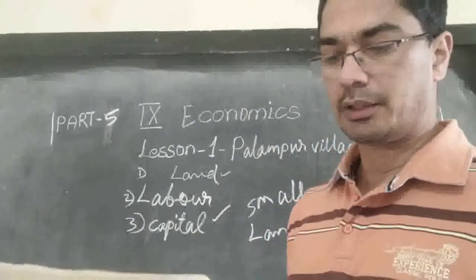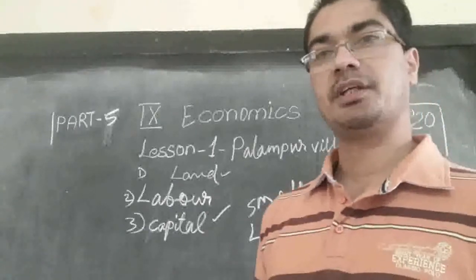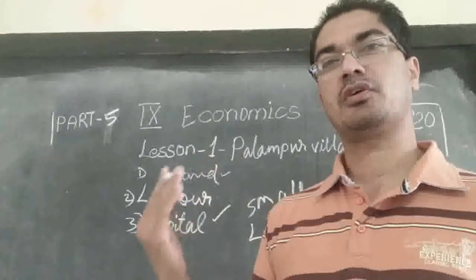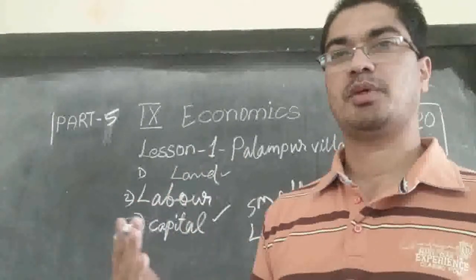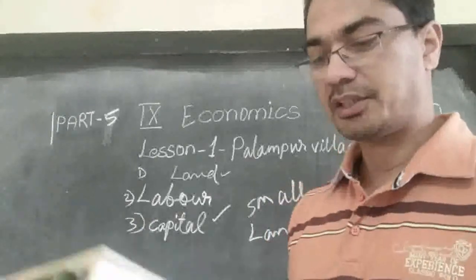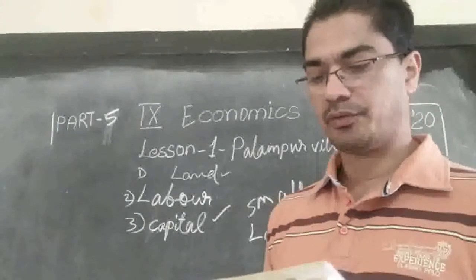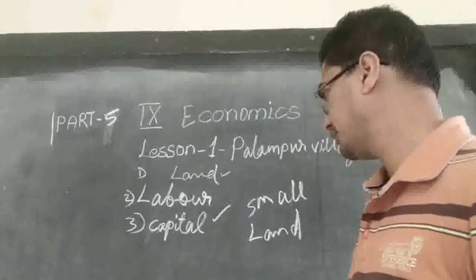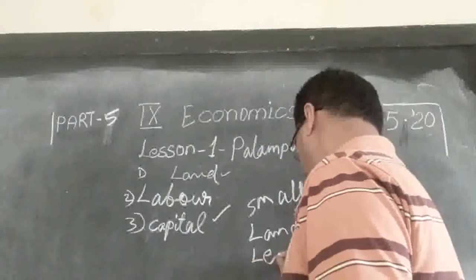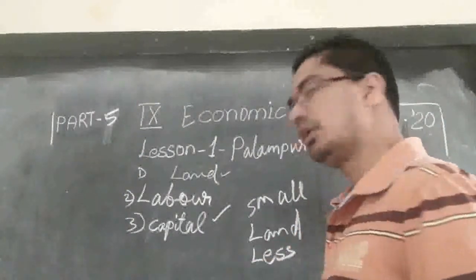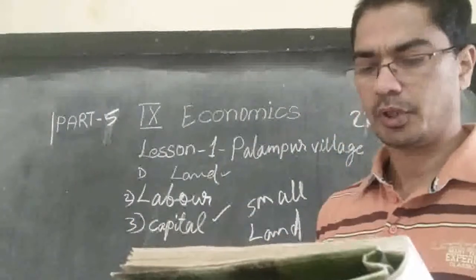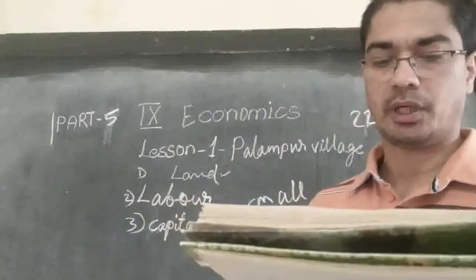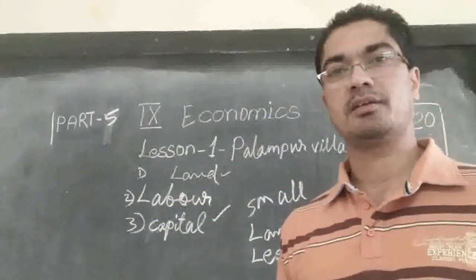Cultivated land area is dash. Cultivated area. All the land on the earth cannot be used for cultivation. Some are used for forests, some are wastelands, some are desert, and so on. So the cultivated land area is less. Moreover, even the existing land is distributed dash equally or unequally.